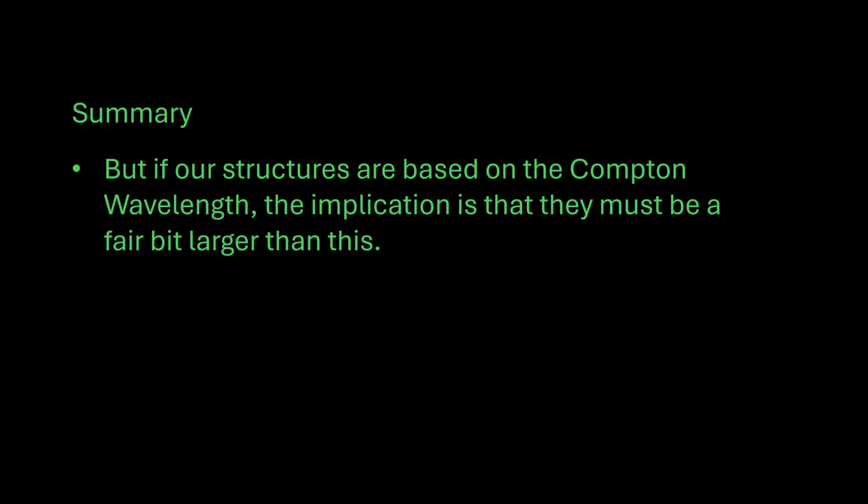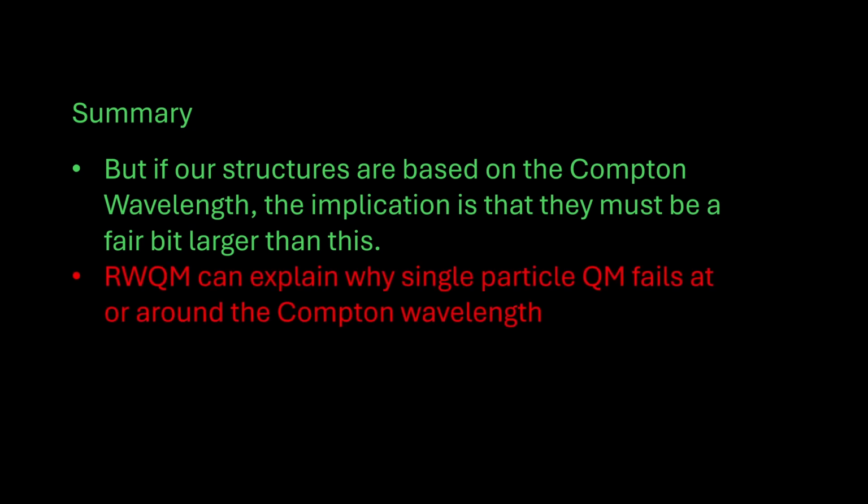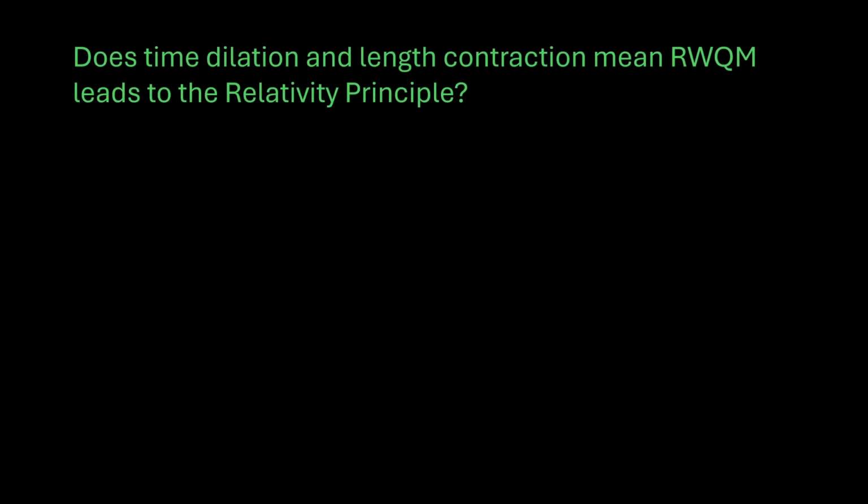And of course, single particle quantum mechanics does fail at around this limit. The argument is that it requires so much energy to constrict a particle to this size that instead we get two particles. Have we shown that real wave quantum mechanics underlies the relativity principle?